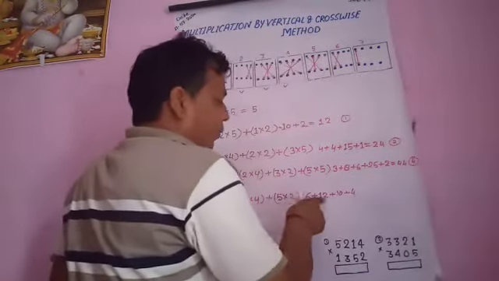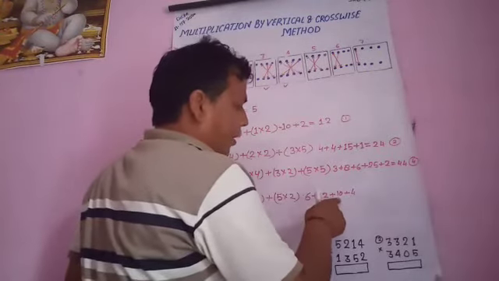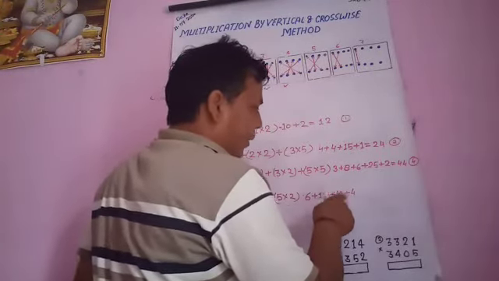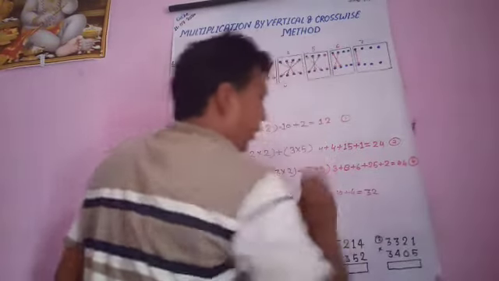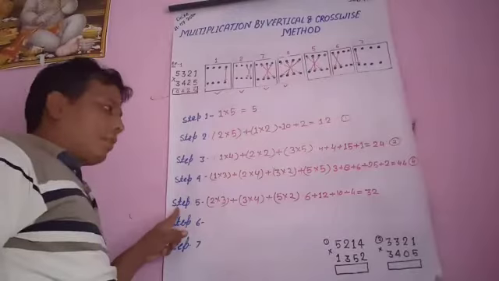So add this, 12 and 6 is 18, 18 plus 10 is 28, plus 4 is 32. Step number 5 is complete.